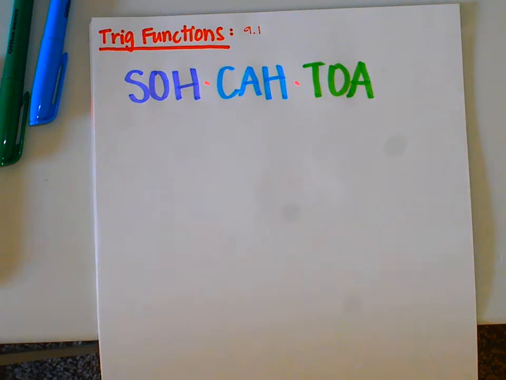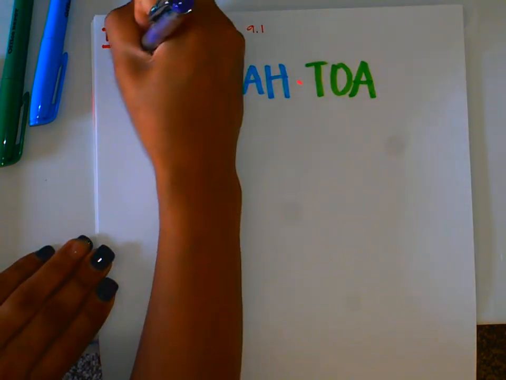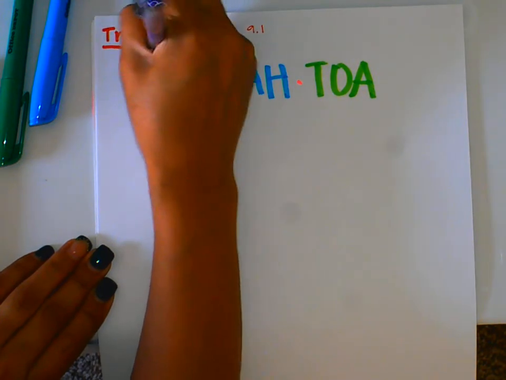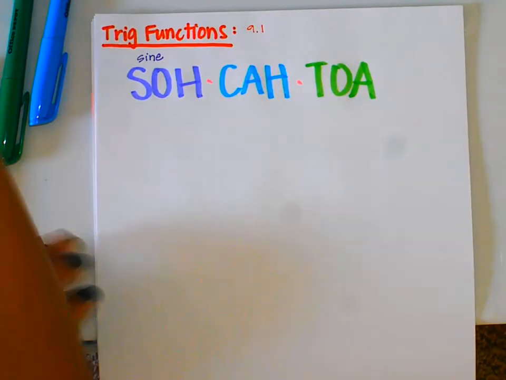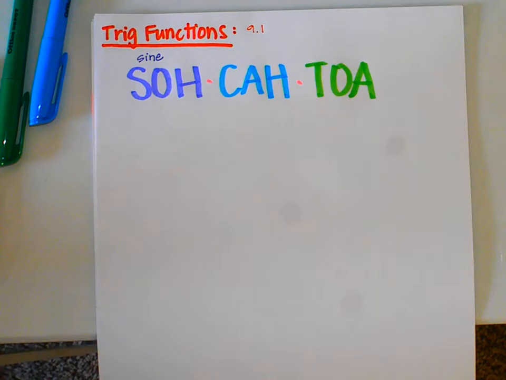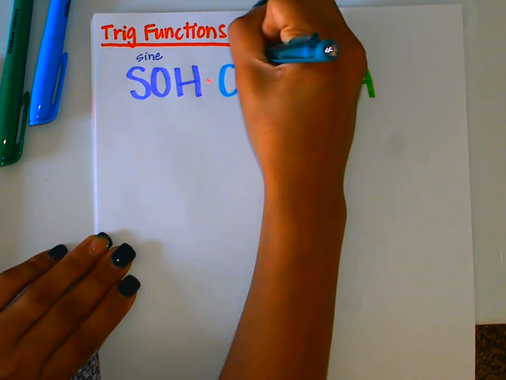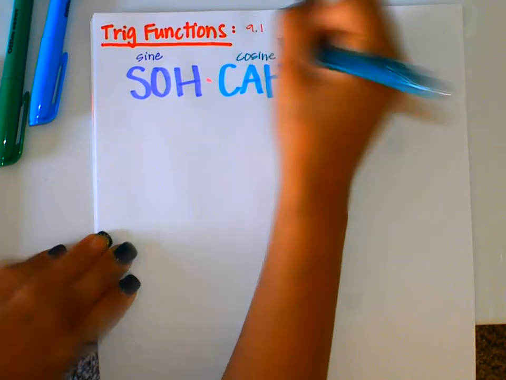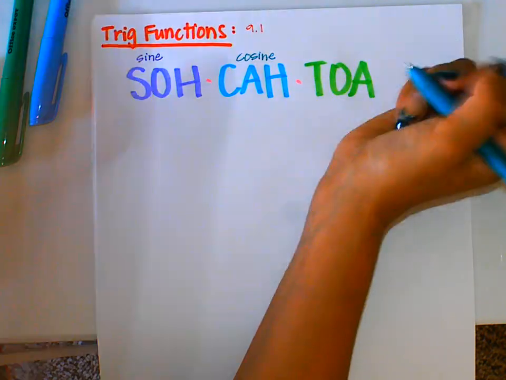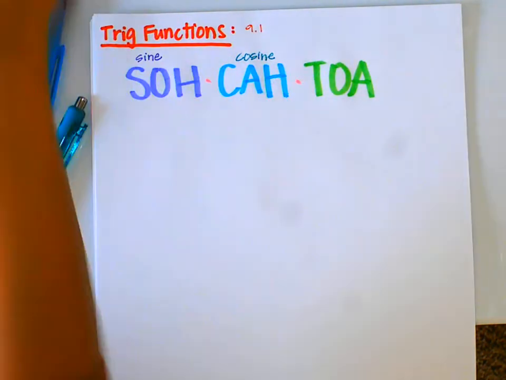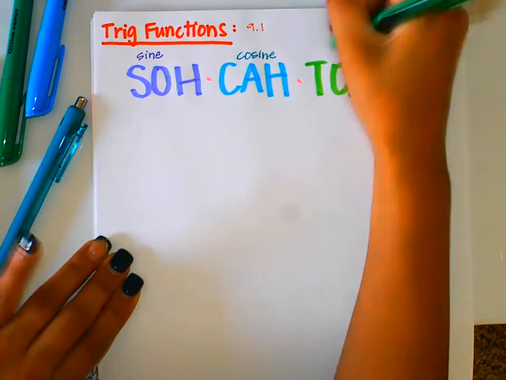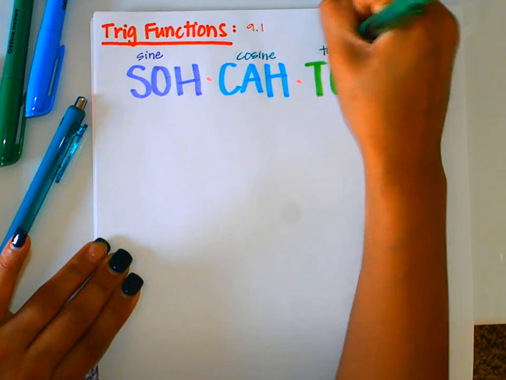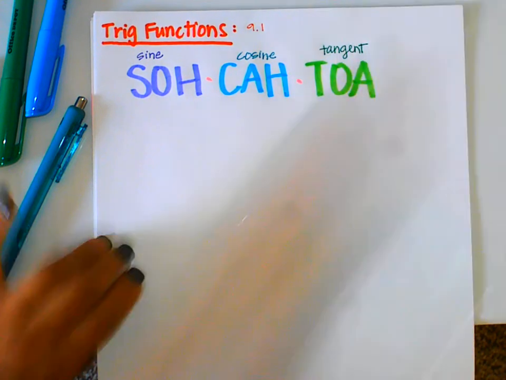So the three functions that we've been talking about have been sine, cosine, so it's like sine but with a co, and then tangent.